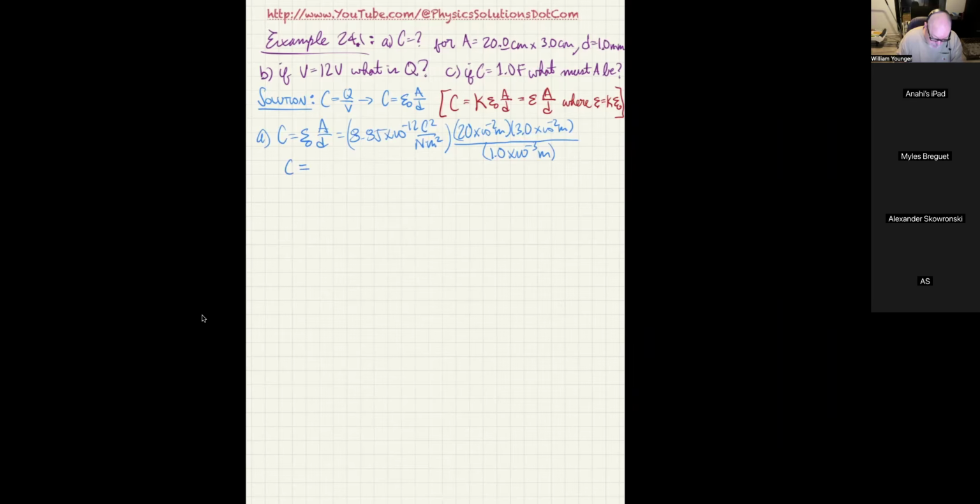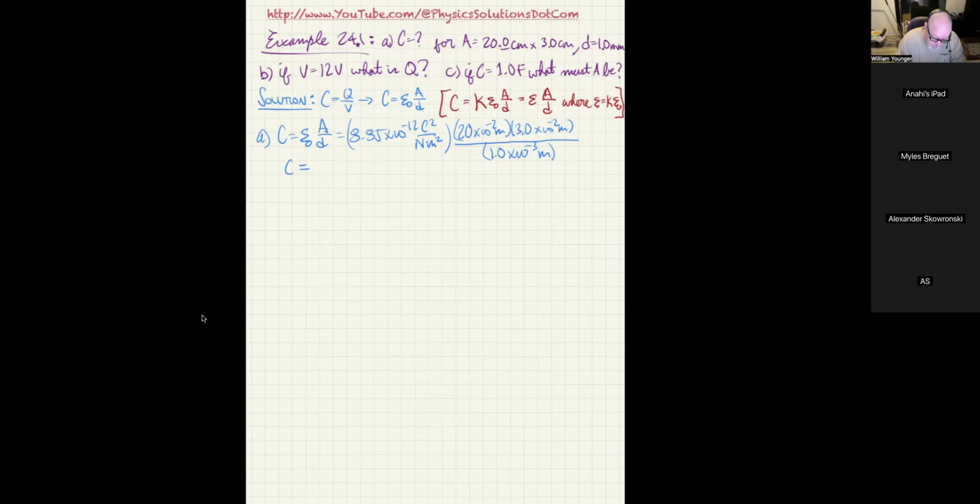I'm going to get 8.85 times 10 to the negative 12th times 20 times 10 to the negative, actually that's supposed to be negative 2 for that case.